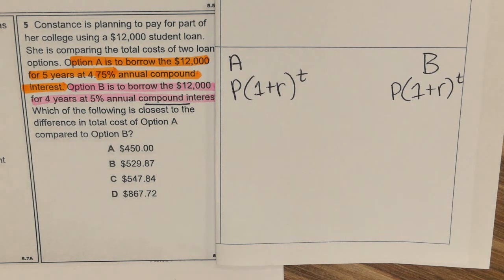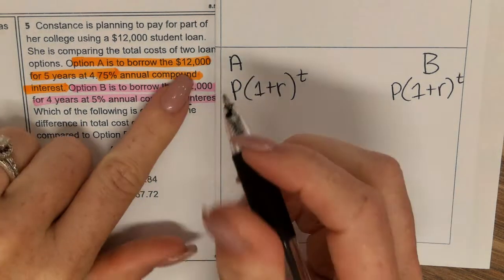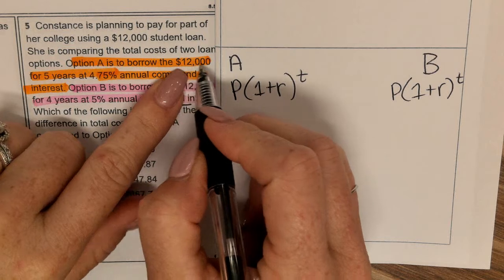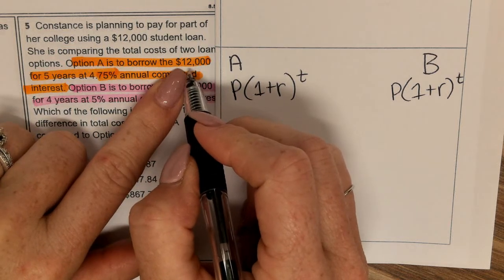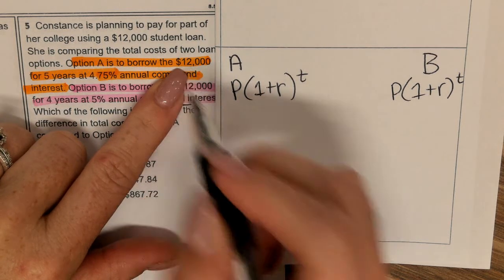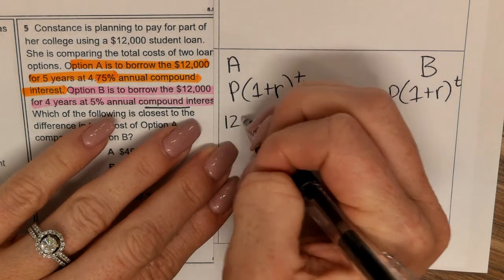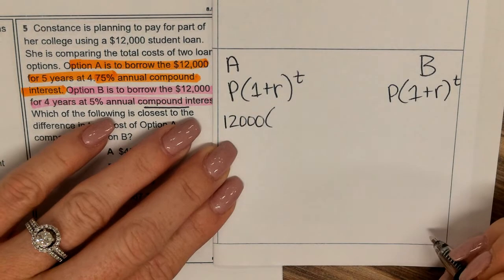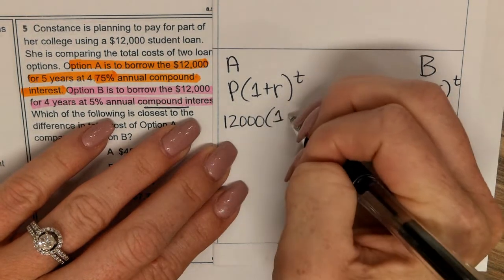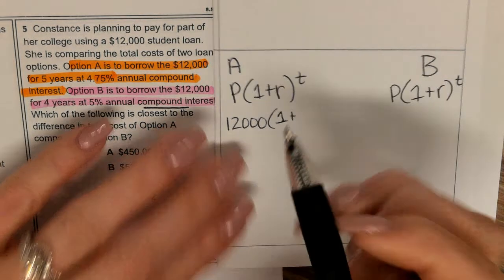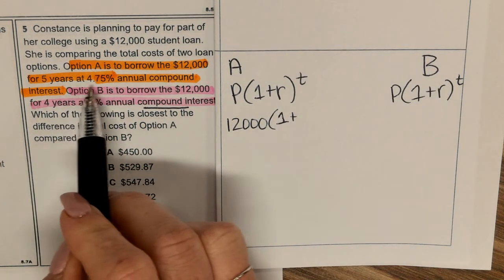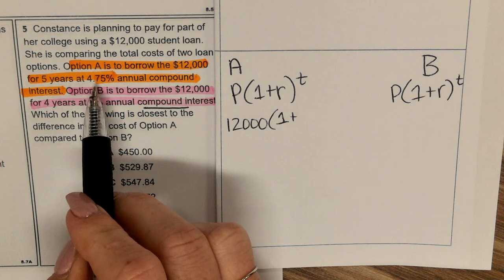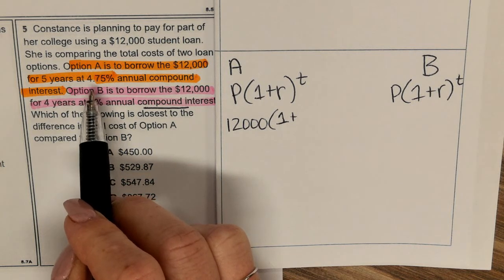Now all you had to do was fill in the numbers that they gave you. Option A, what was the principal, the P? I can't hear y'all. 12,000. Open parentheses. 1 plus, what is the rate for option A? 4.75%.